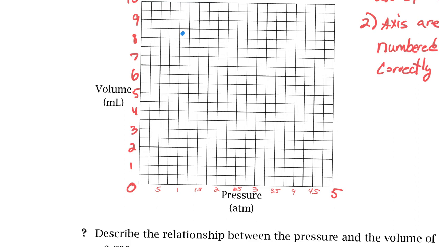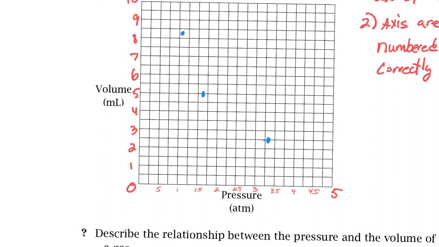The next one, the volume was 3.3, and my pressure was 2.52, right about here. And then the last one, my volume was 2, and my pressure was 3.88.